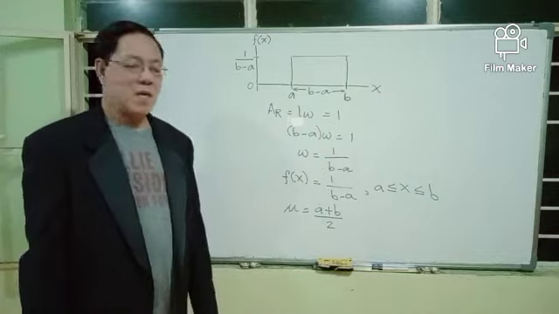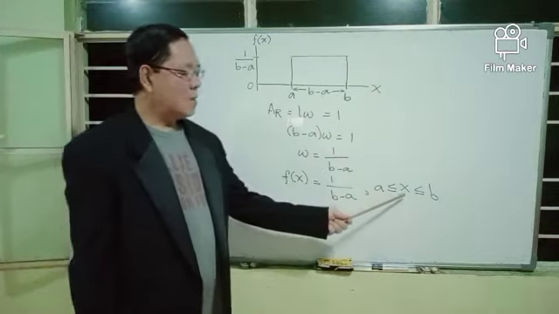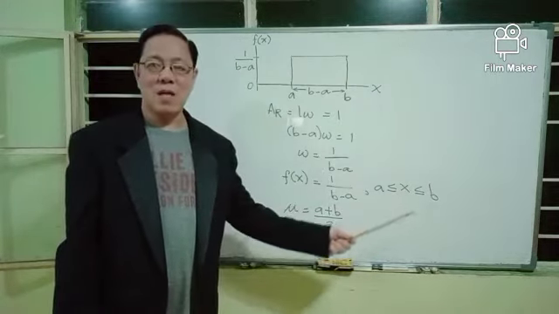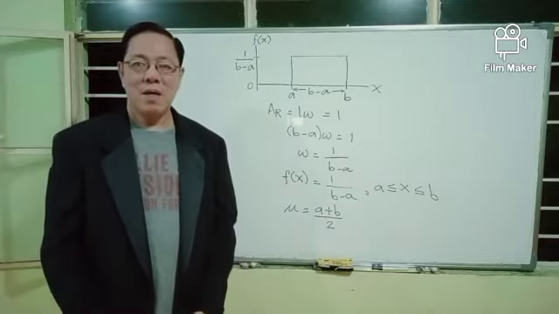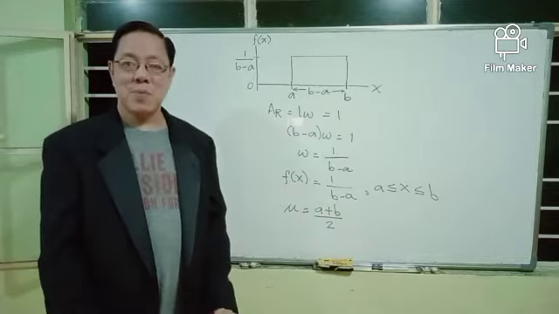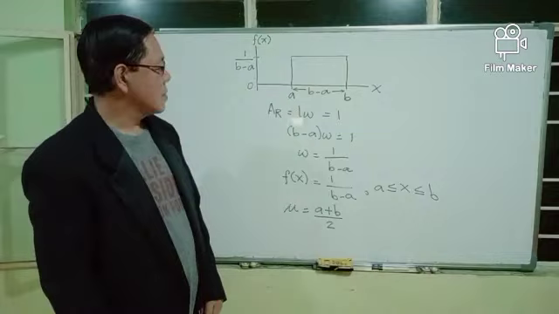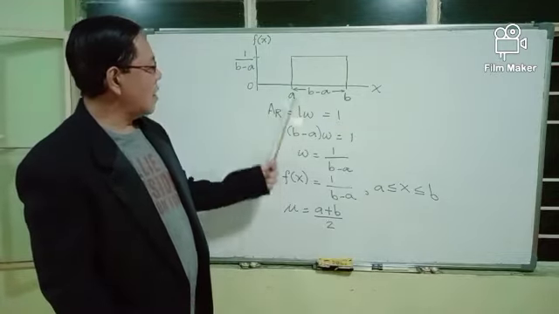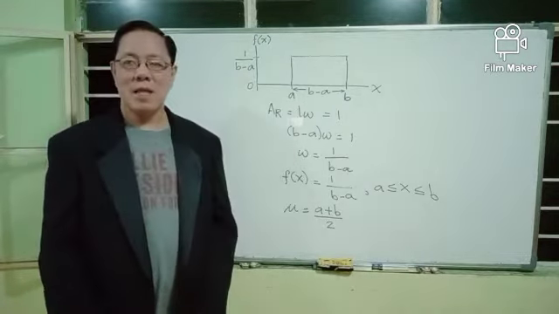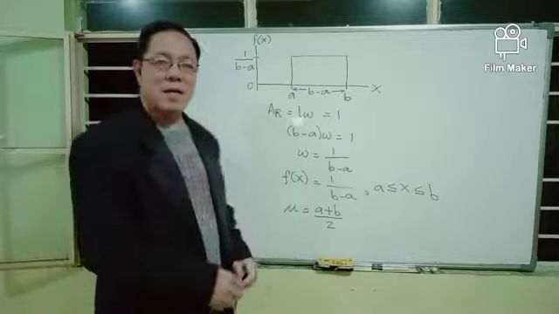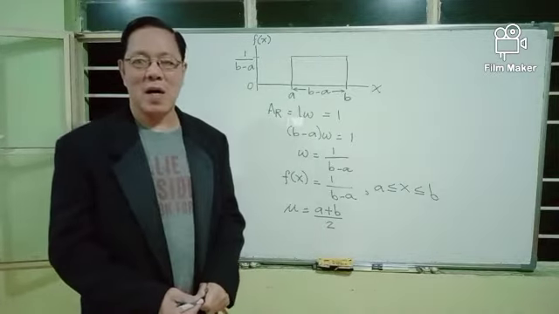And the standard deviation of the continuous random variable x, denoted by sigma, is directly proportional to the length of this line interval. And it is given by the following formula.